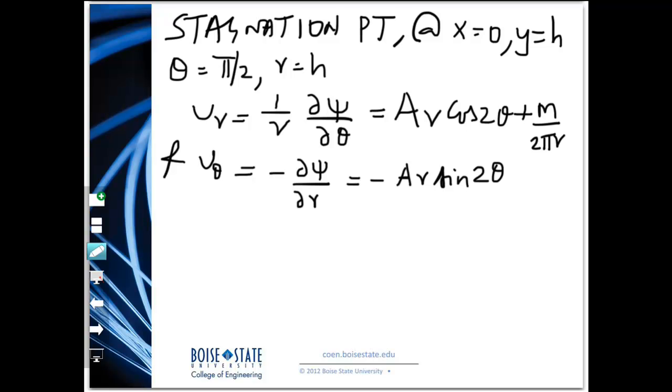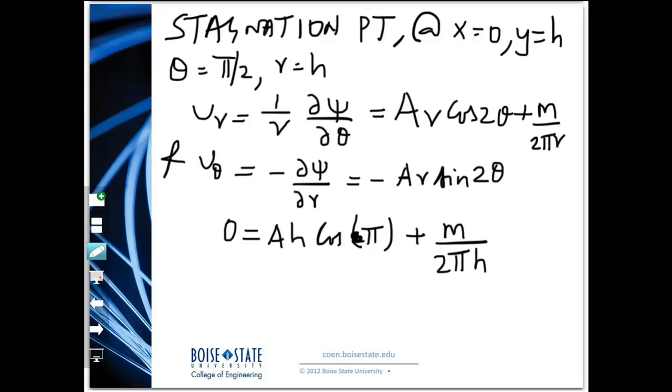So if you substitute it in the Vr component, we get 0 equals a h cos 2 pi over 2, which is just cos pi, plus m over 2 pi h, and cos pi is negative 1.